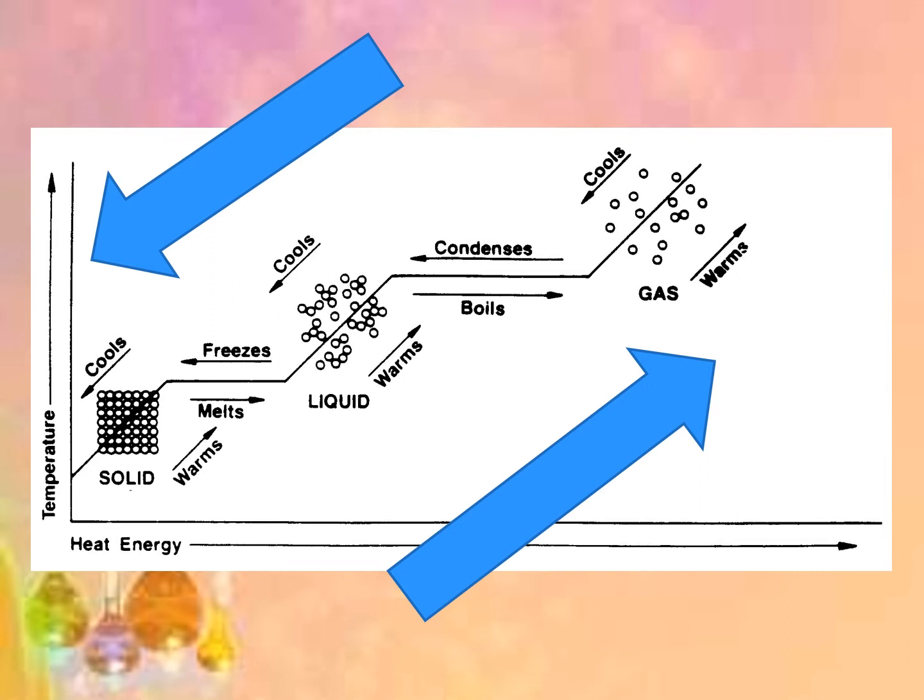For example, when the gas phase releases its energy, it cools and condenses, then turns into liquid. Very good. And when the liquid phase releases its energy, it becomes cool, freezes, and becomes solid.